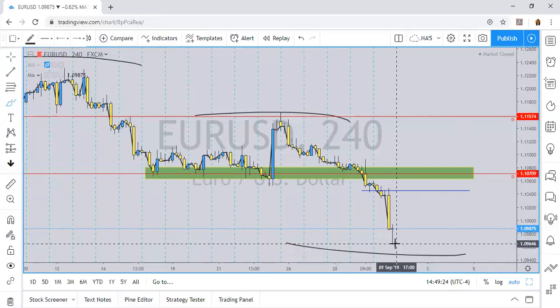So the market can give me something like this. Maybe on smaller time frames, it'll create a double bottom, triple bottom, or an inverted head and shoulder pattern.